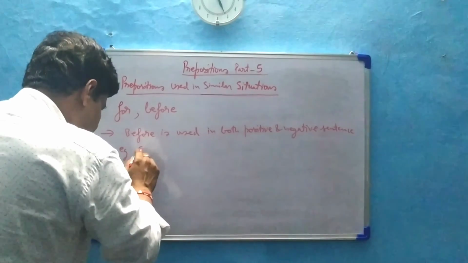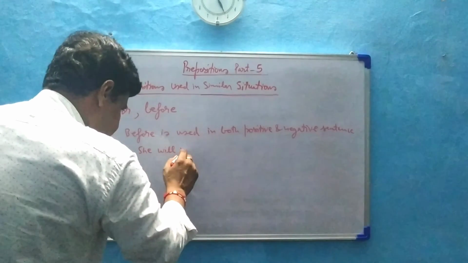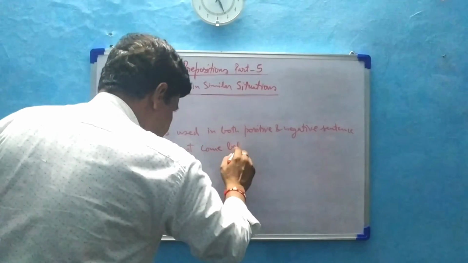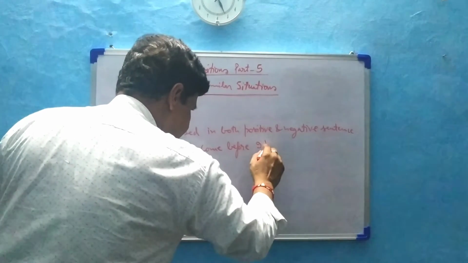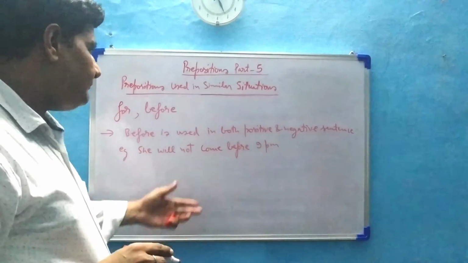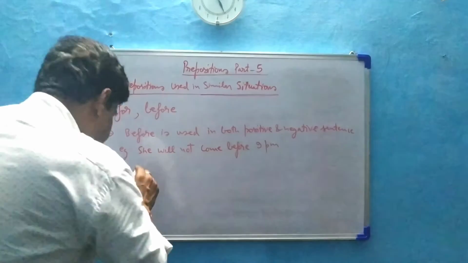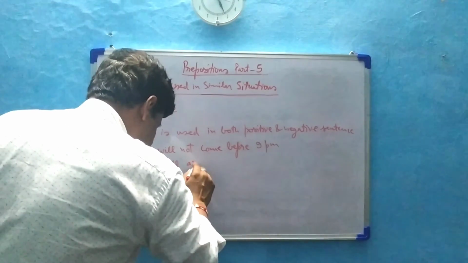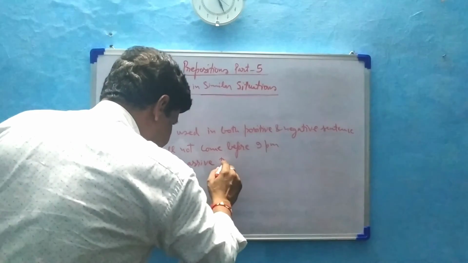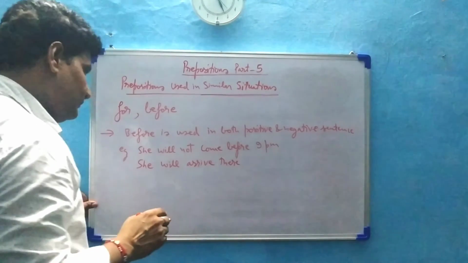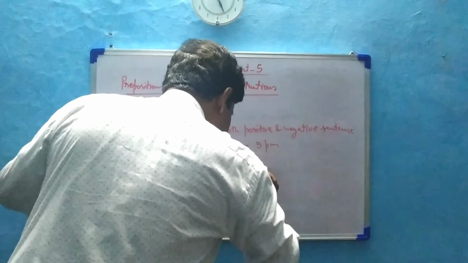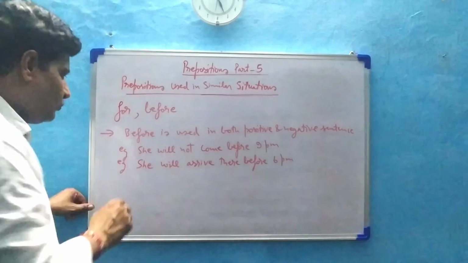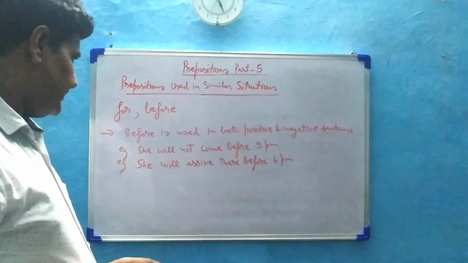Example, she will not come before 9 p.m. She will arrive there before 6 p.m. So here you can see one is a negative sentence and another is a positive sentence.